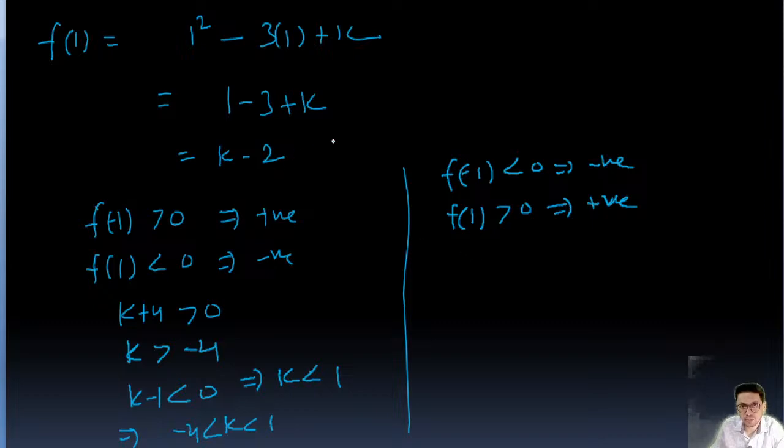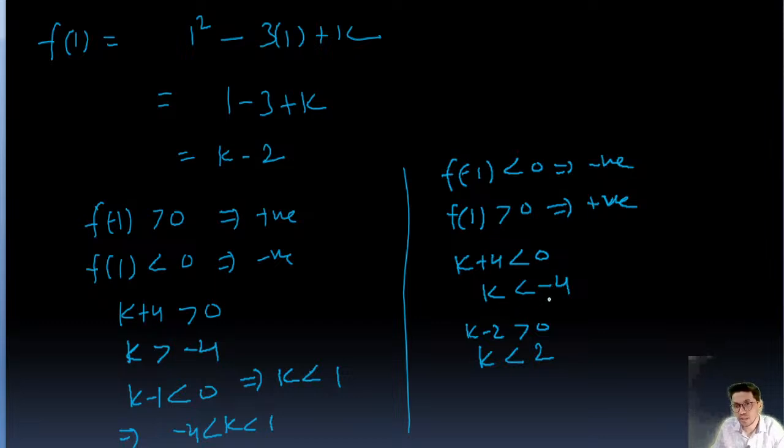So the f(-1) value is k plus 4 less or equal to 0. It means k is less or equal to minus 4, and similarly f(1) greater or equal to 0 means k minus 2 greater or equal to 0. That means k is greater or equal to 2.